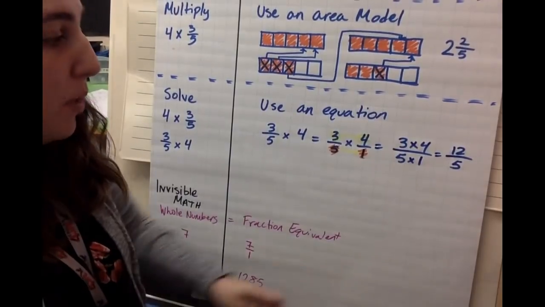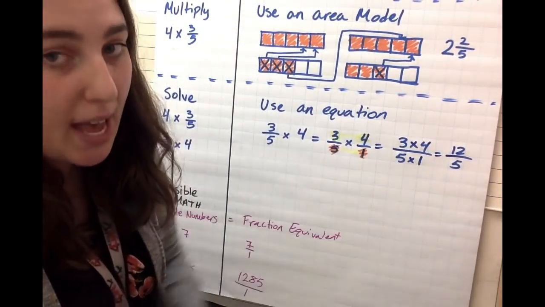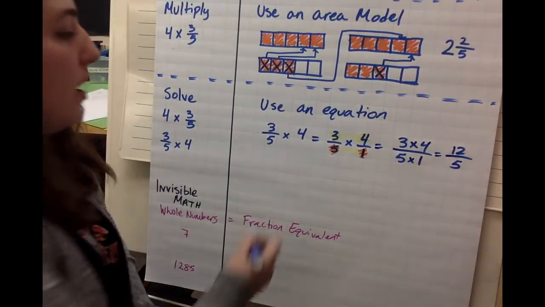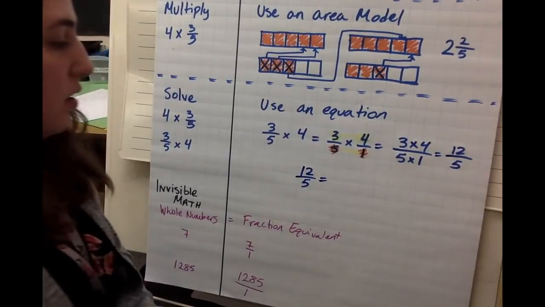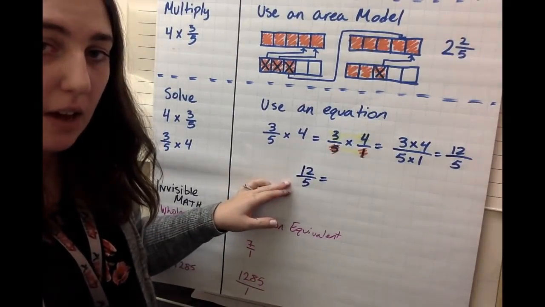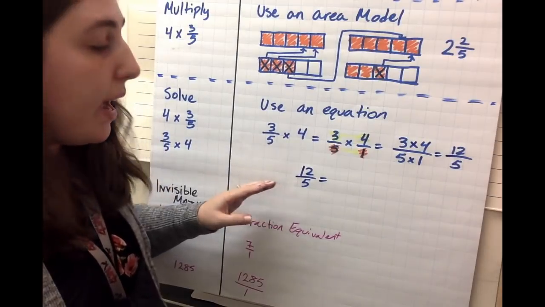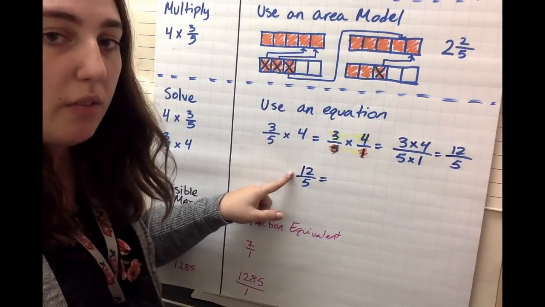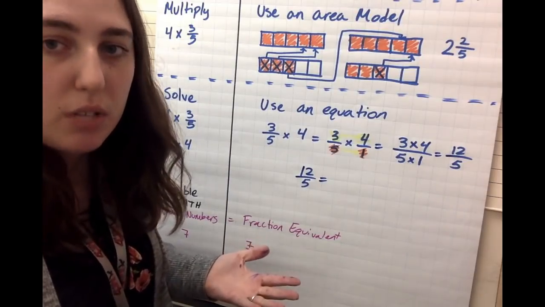And then the last step is to turn this improper fraction into a mixed number, which we've had a lot of practice with. Okay, so 12/5. You could draw a picture to figure this out. You could also do long division. You can also just think in your head, how many times does 5 go into 12? Well, 5 goes into 12, I think at least 2 times, right?